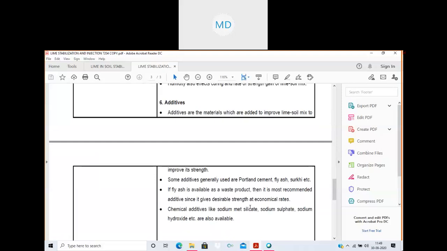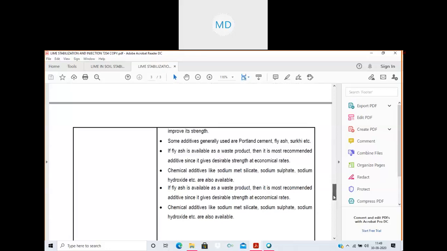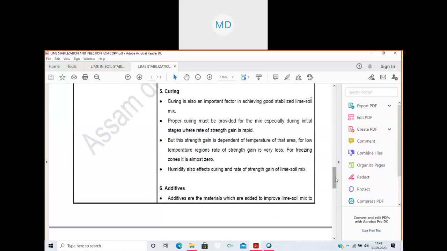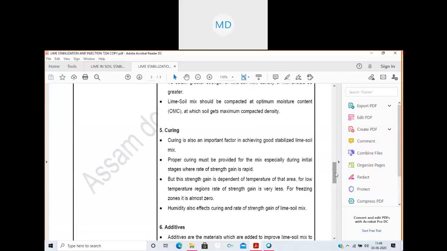So generally fly ash is the most common one. Chemical additives like sodium silicate, sodium sulfate, etc. can also be used. So these are a few additives we can use along with lime for stabilizing the soil. Okay. So this much is enough for lime soil stabilization.